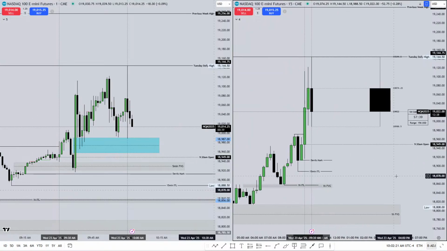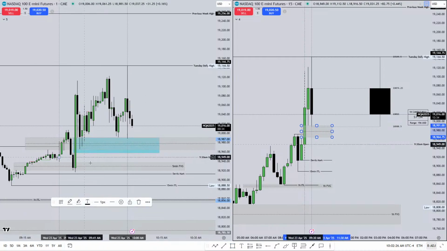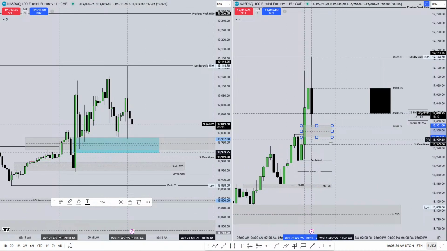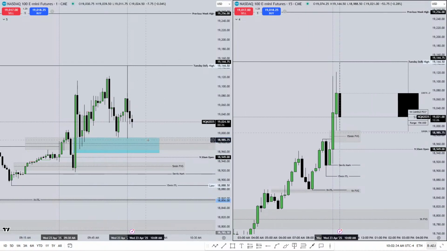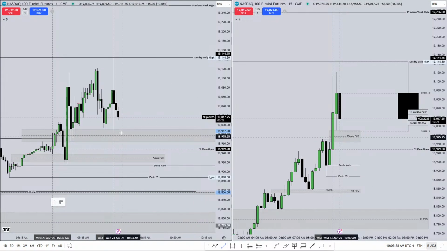Okay, we have a 15-minute fair value gap right here. We have data lows right here.